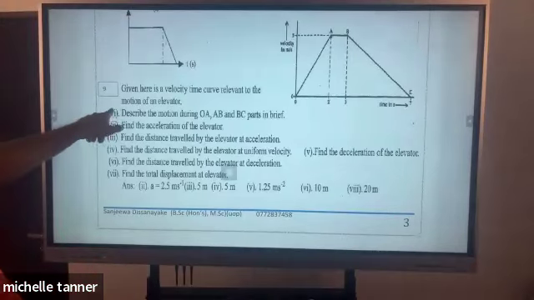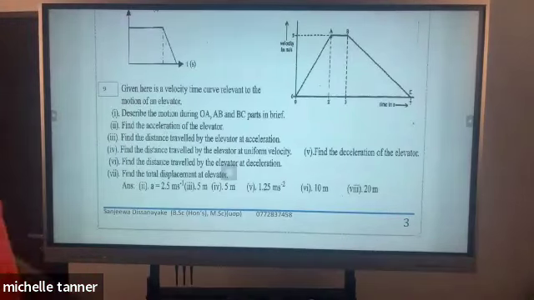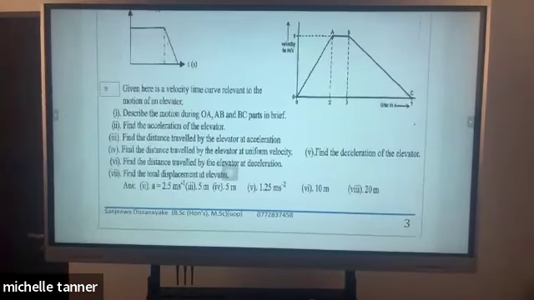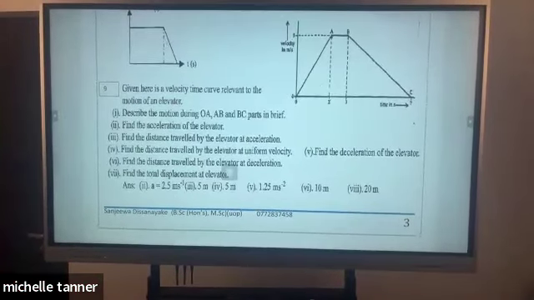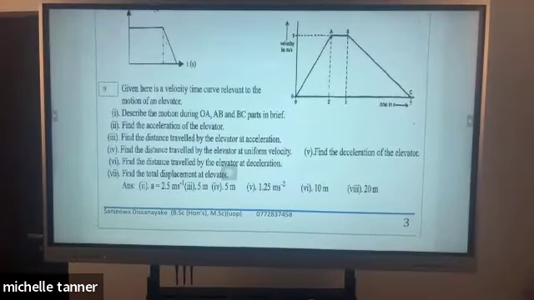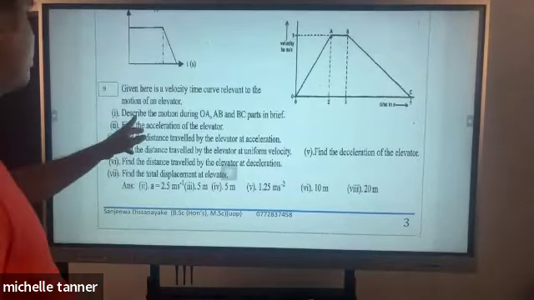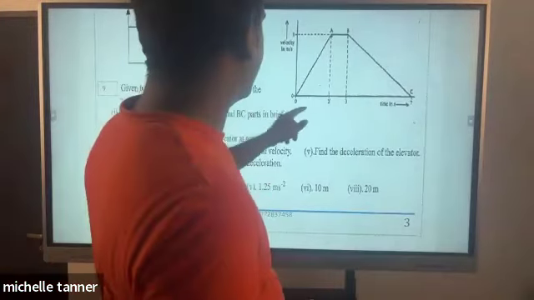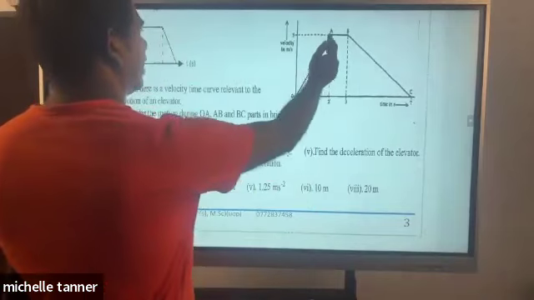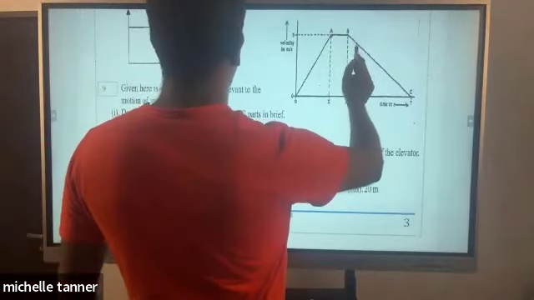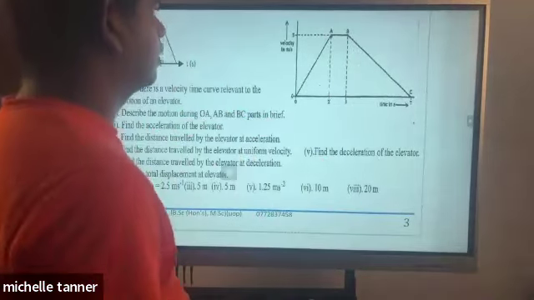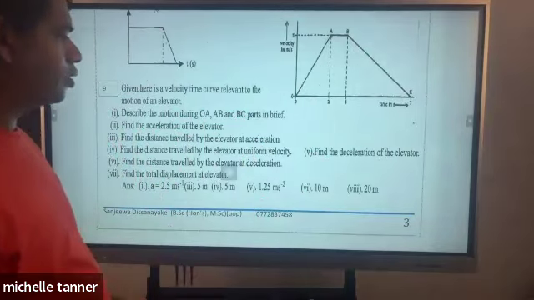Right. Given here, the velocity-time graph. Is it clear? Describe the motion during OA, then from A to B, and B to C. Right? Now try this one.